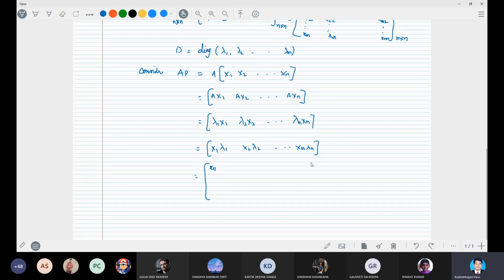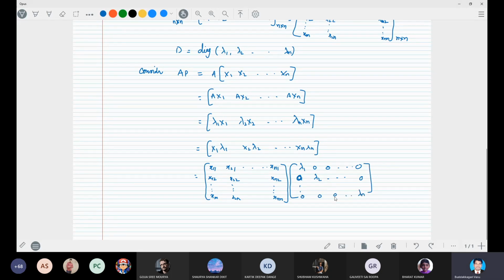I'm just writing this product: the elements x11, x12, and so on, x1n, x21, x22, and so on, x2n, and so on, xn1, xn2, and so on, xnn, into the diagonal matrix which has lambda 1, 0, 0, and so on, 0, lambda 2, and so on, 0, and so on, 0, 0, and so on, lambda n.